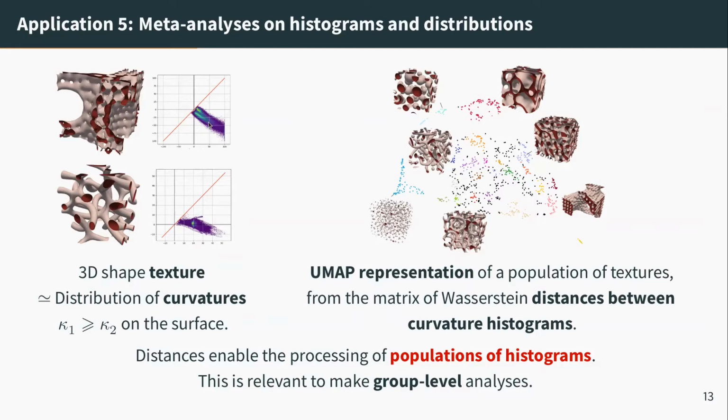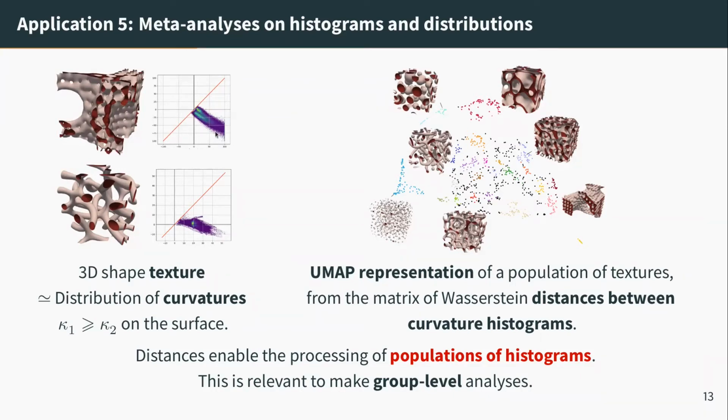So for instance, just to be clear, here, this surface, if you look at any given point, kappa 2 is always equal to minus kappa 1. Basically at every location, it looks like a horse saddle. And so this is what we see in this diagram.